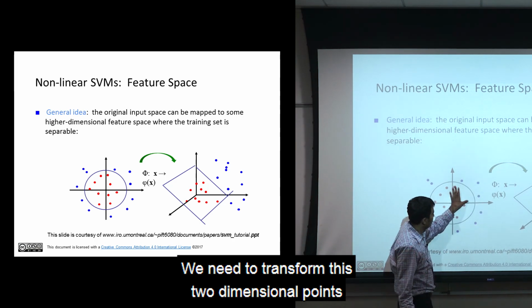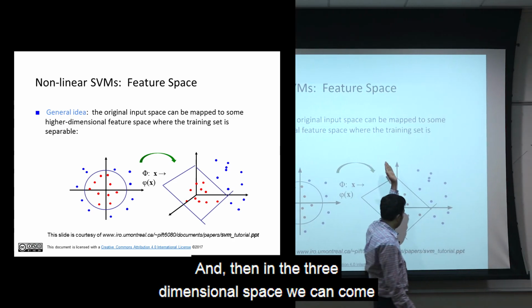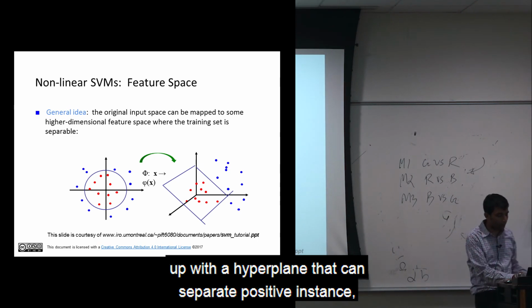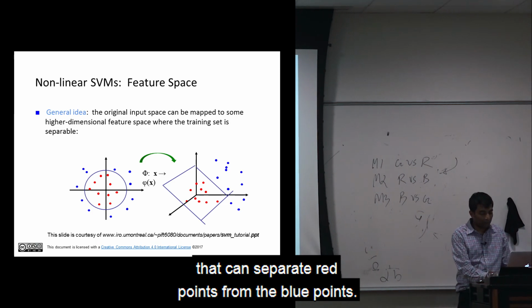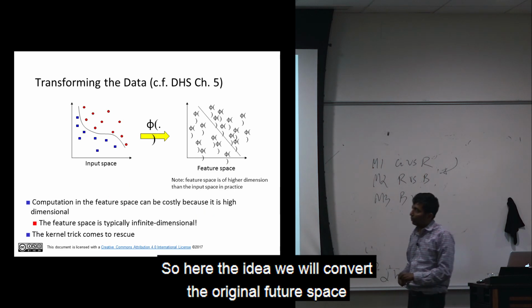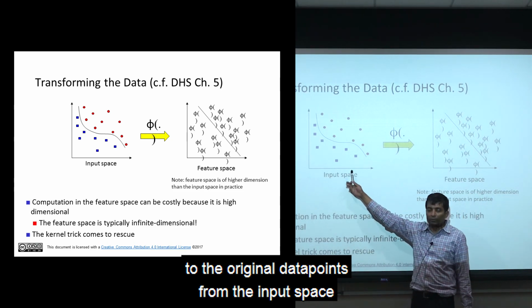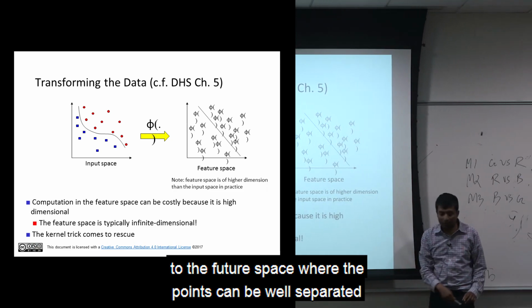We need to transform these 2-dimensional points into a 3-dimensional space, and then in the 3-dimensional space, we can come up with a hyperplane that can separate the red points from the blue points. So the idea is to convert the data points from the original input space to the feature space where the points can be well separated.